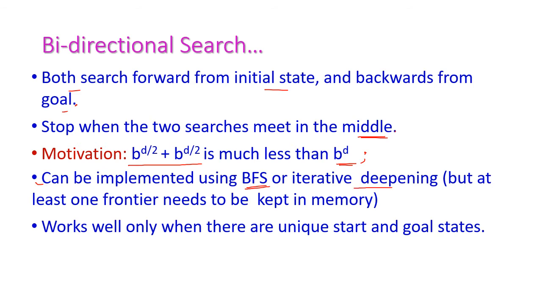But at least one frontier needs to be kept in memory, and it works well only when there is a unique start state and a unique goal state. There should be only one start state and only one goal state. This is start and this is goal. Then only this algorithm will work effectively, otherwise it will fail.